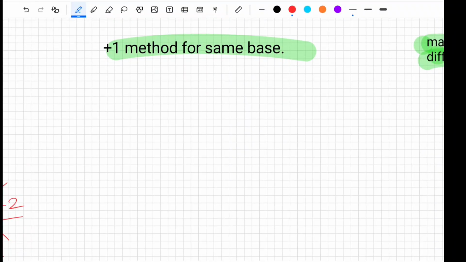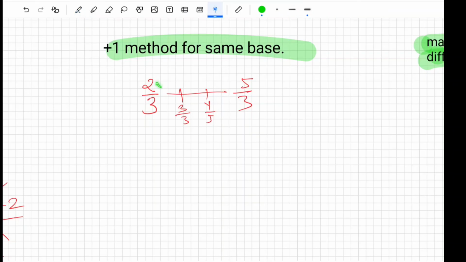Let's say we want to calculate a rational number between 2 by 3 and 5 by 3. It's simple; by intuition we know that there are the numbers 3 by 3 and 4 by 3 here, between 2 by 3 and 5 by 3.